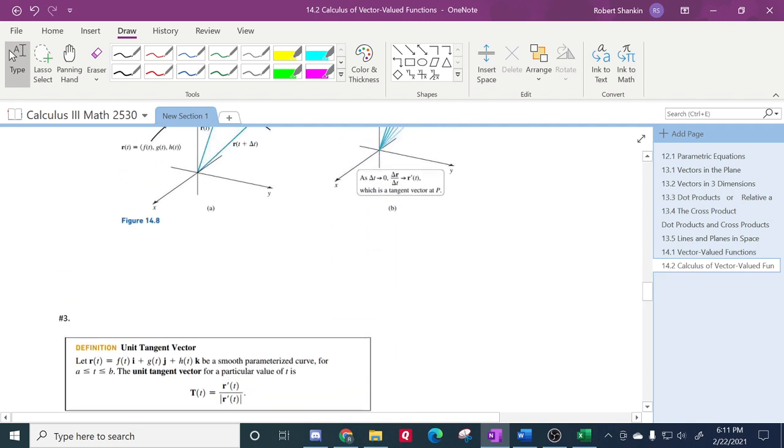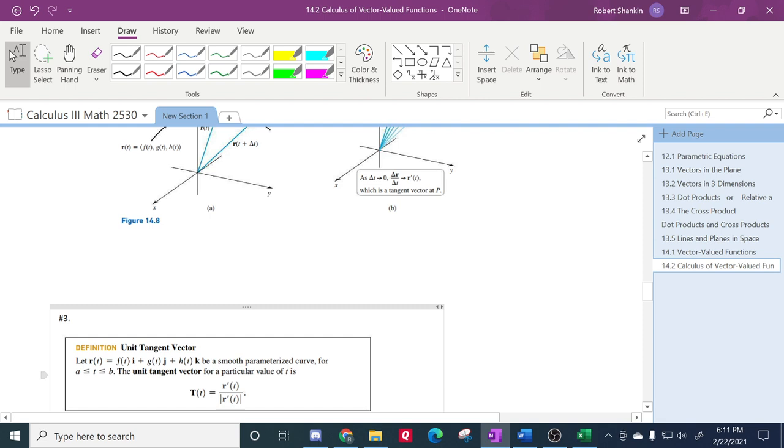And then the next idea. We have tangent vectors, which is r'(t), and then the unit tangent vector is you just make it of length 1, magnitude 1. So this is going to be a smooth parameterized curve, r(t). We'll talk about what smooth means in a little bit.